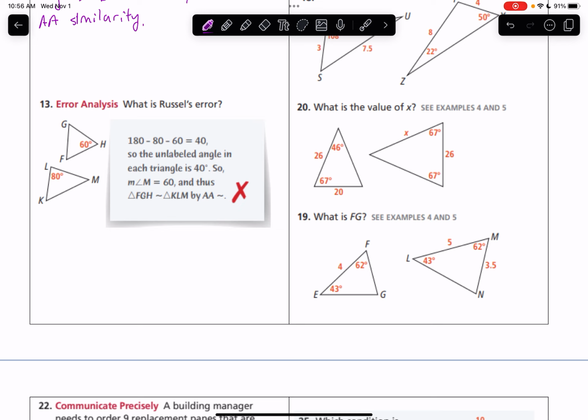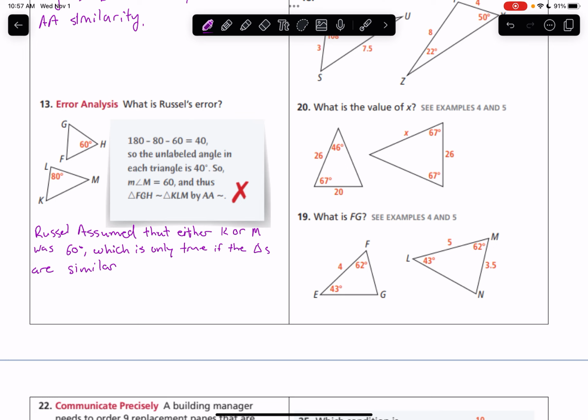So we can say Russell assumed that either K or M was 60 degrees, which is only true if the triangles are similar.